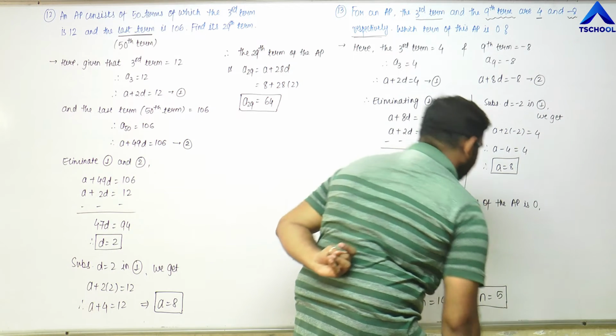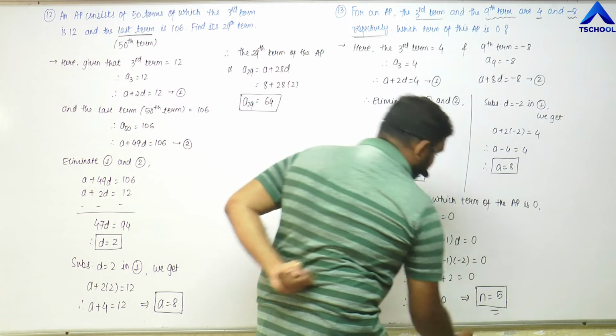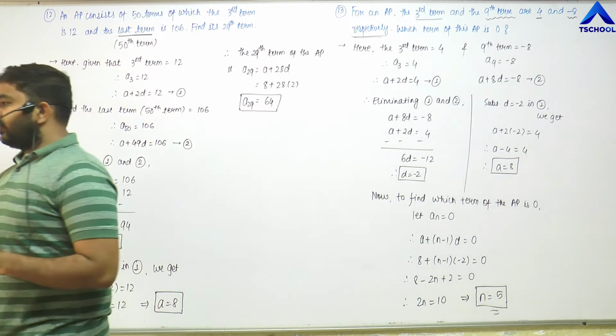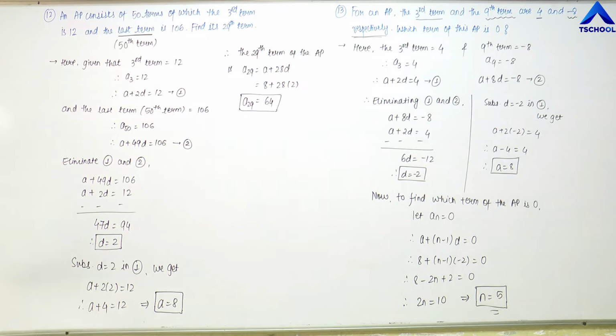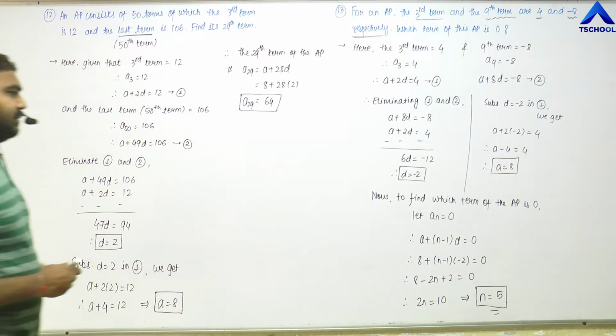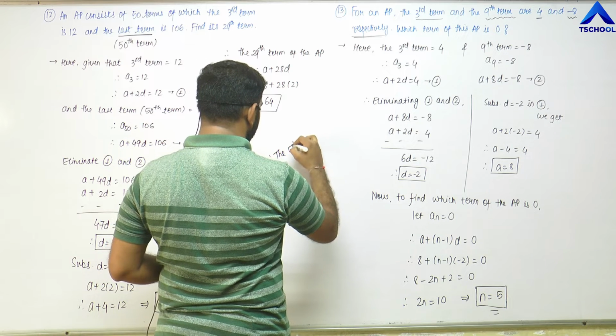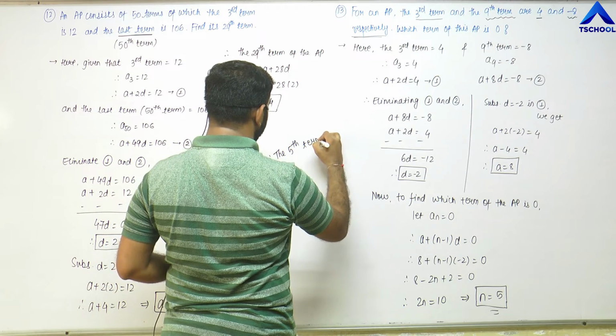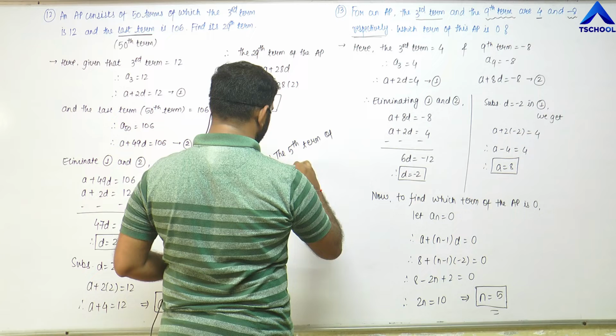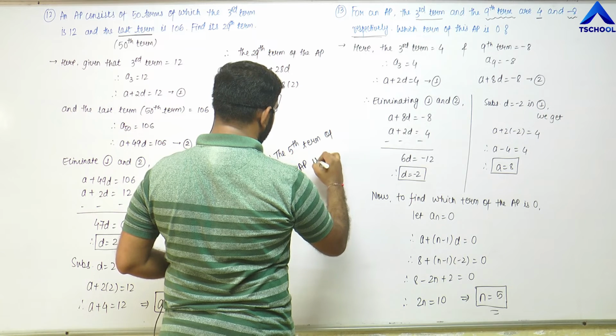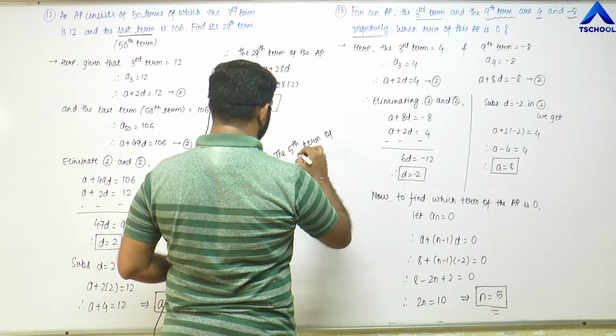Is it clear, friends? So the value of n is 5, or the fifth term of the arithmetic progression so formed is 0. Which term? So the fifth term. Therefore the fifth term of the AP is 0, right?